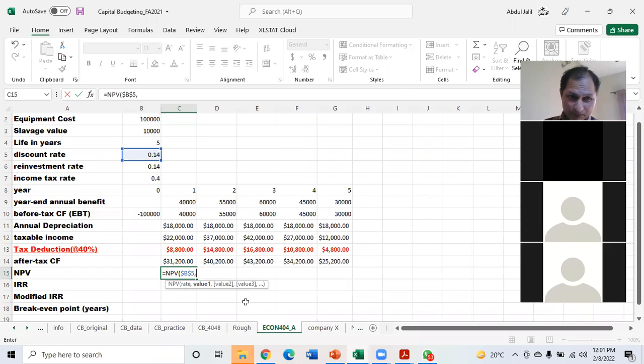Then the first value, which is important: you are not going to use this cash flow directly. You are going to use this after-tax cash flow, because after-tax cash flow is the cash flow in which you are interested. Therefore, you will make this calculation for this cash flow.